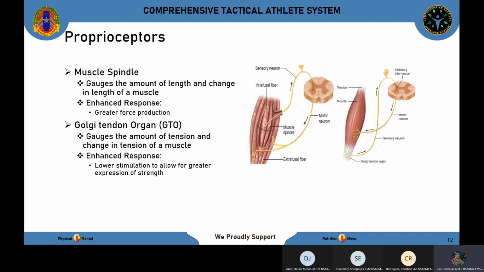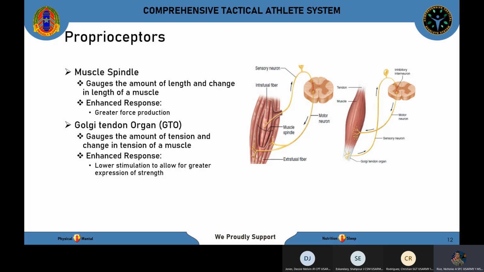So if you or your soldier or someone that you know are even trying to get into resistance training and they try to go lift heavy weights, they cannot get to their functional form of strength for about 6 weeks of consistency, because every single time they're getting enough tension on that tendon, the GTO inhibits that contraction. It actually prevents how much force they can produce as a safety mechanism because their body's not used to it.